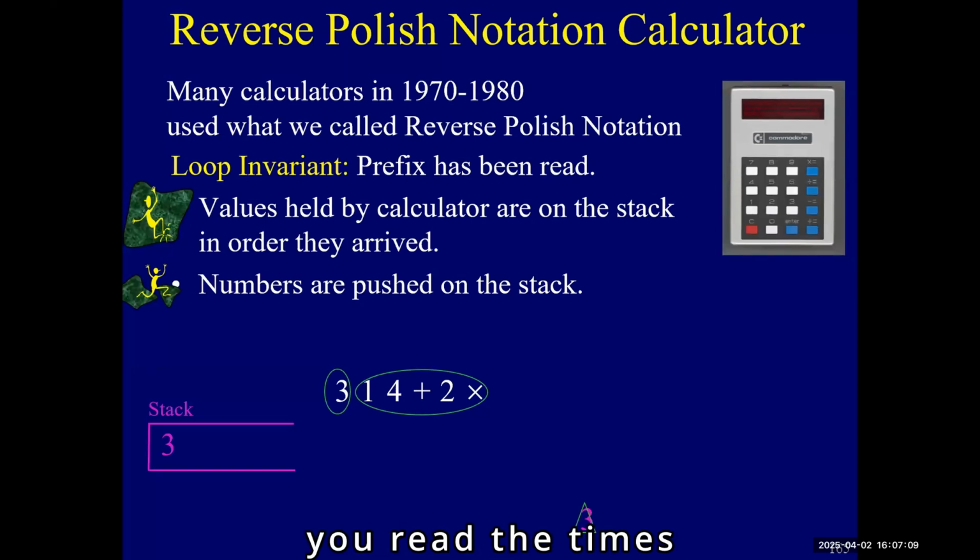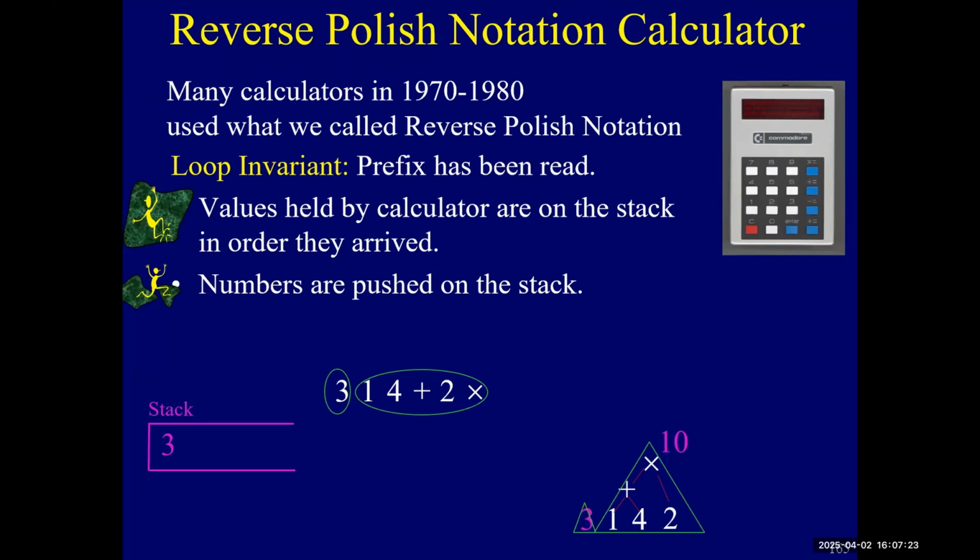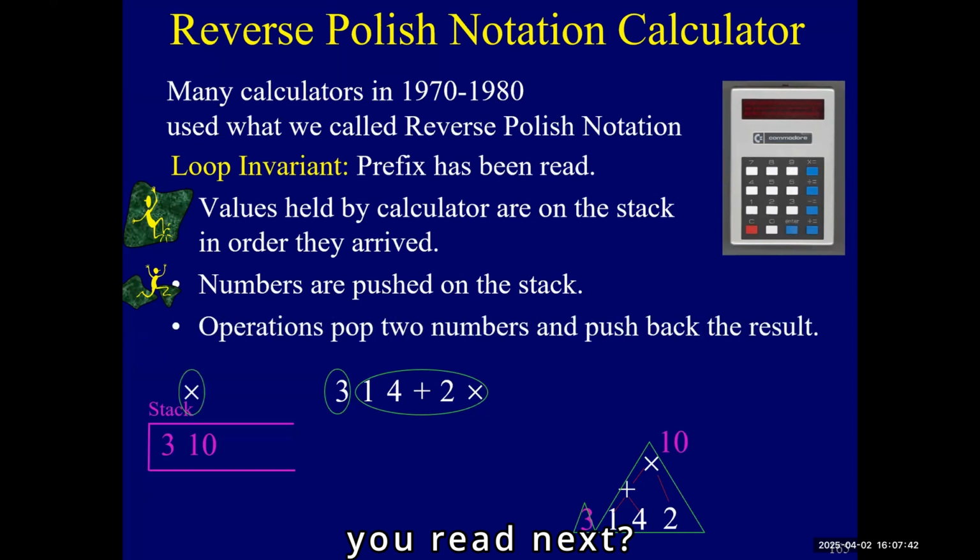Then you read the times, and the 1 plus 4 comes off, the 2 comes off, and what goes back on is the tree. I'm putting in the value 10, but what are you putting in here? You're putting a pointer to this tree structure. Does that make sense? And then what do you read next?